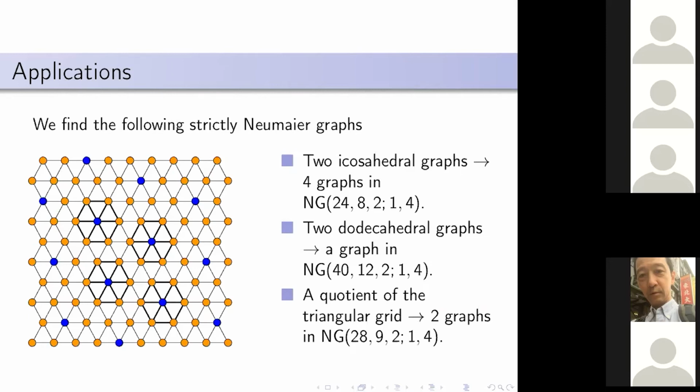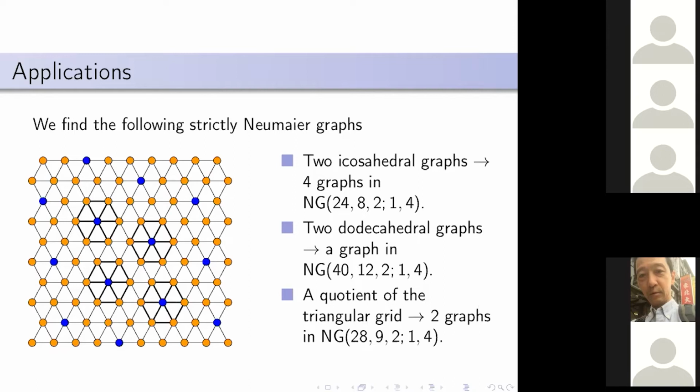Now, the next one is the graph on 28 vertices, which Rhys and Coulon find using Cayley graphs and a bit of number theory. And we have reinterpreted this as a graph on the quotient of the triangular grid.